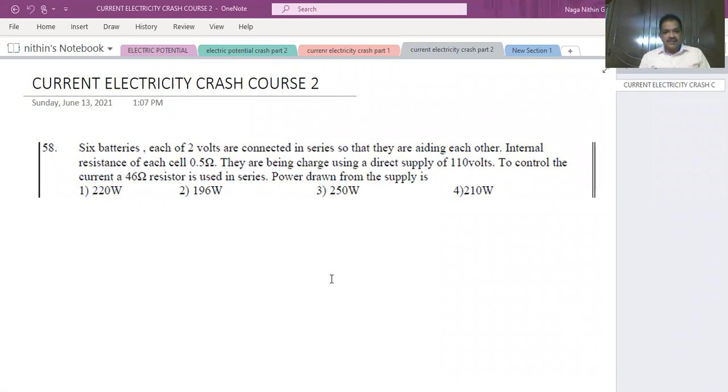Internal resistance of each cell is 0.5 ohm. They are being charged using a direct supply of 110 volt. To control the current, a 46 ohm resistor is used in series. Power drawn from the supply is how much?